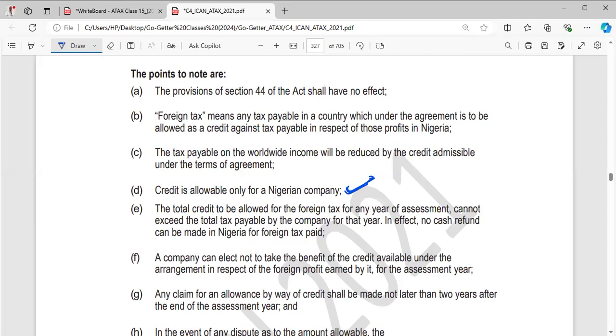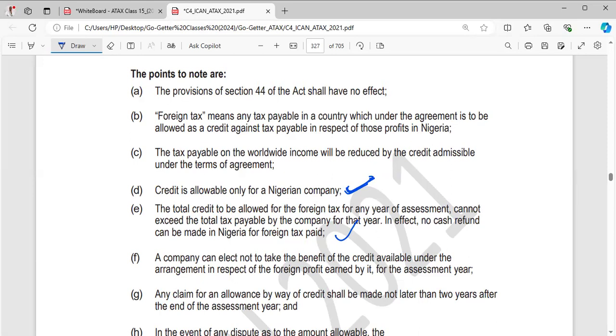The total credit to be allowed for the foreign tax in any year of assessment cannot be greater than the total tax that the company is going to pay for that year. In effect, there is nothing like cash refund that can be made for Nigeria.